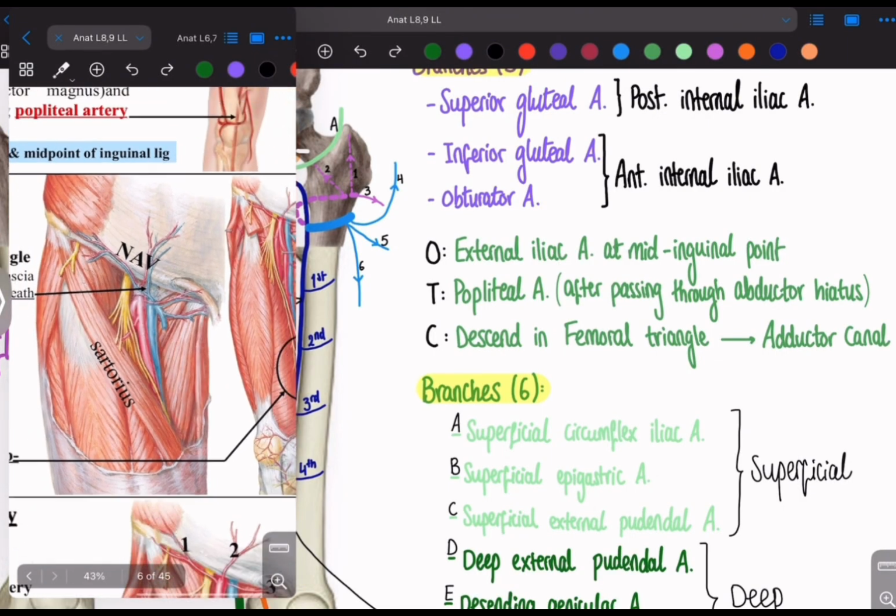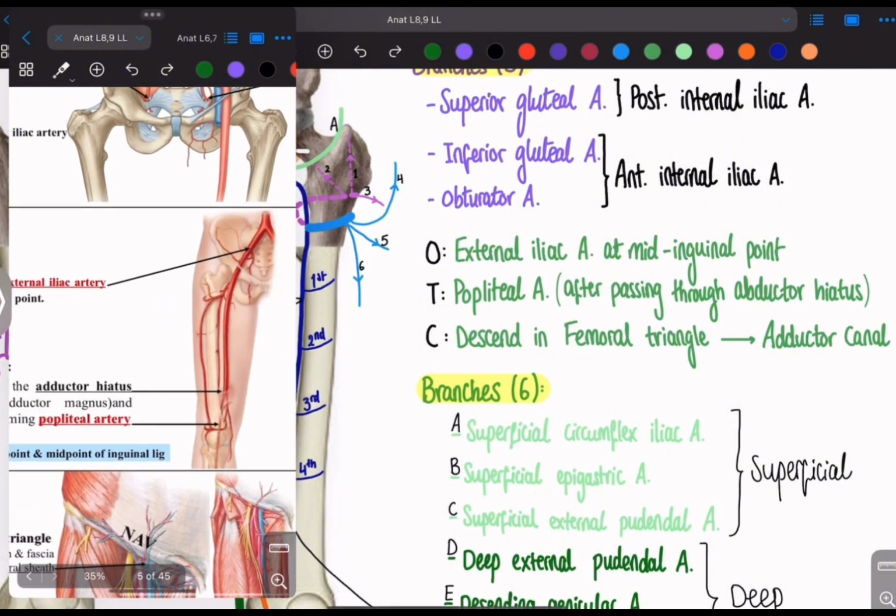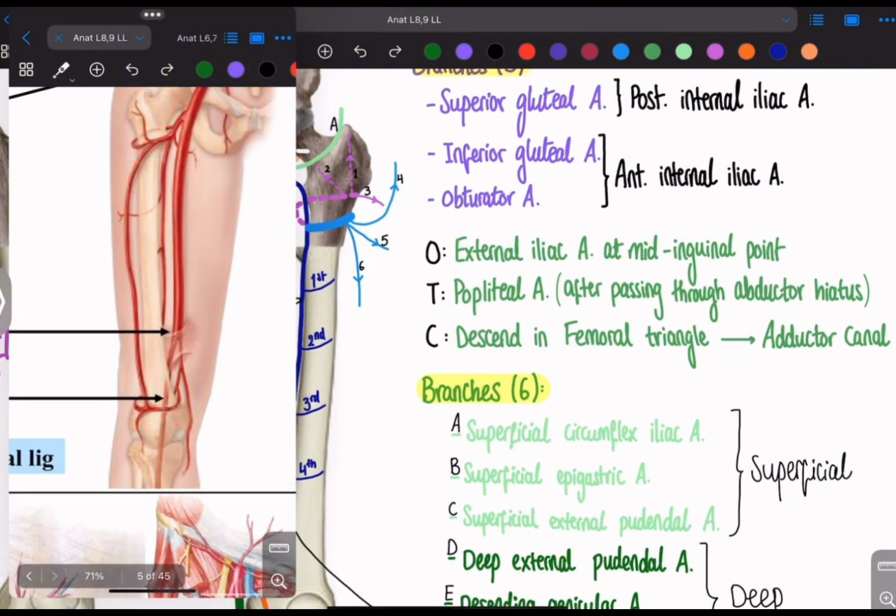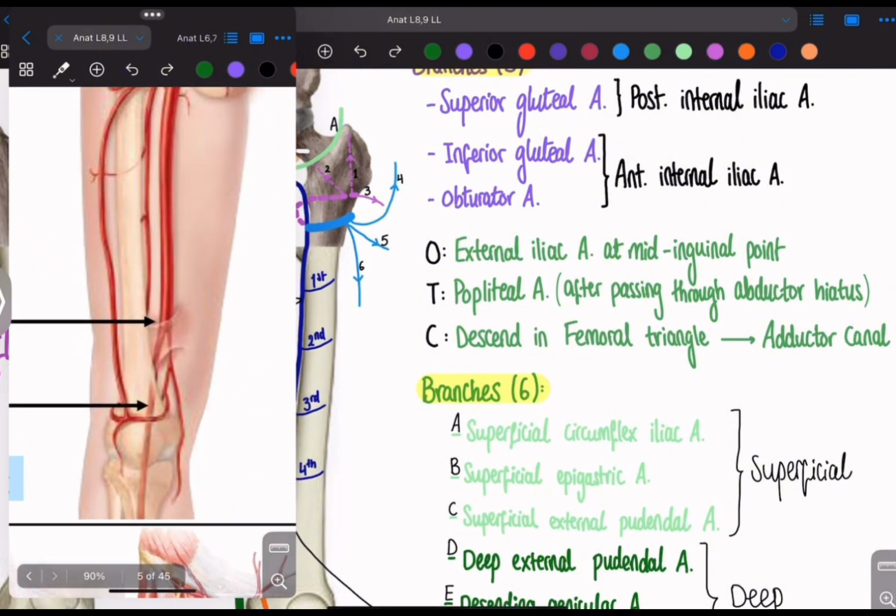The second part is the abductor hiatus. We said the abductor hiatus is where the femoral artery changes its name into the popliteal artery. So the femoral artery passes through the abductor hiatus, then goes to the posterior part of the knee and changes its name into the popliteal artery.